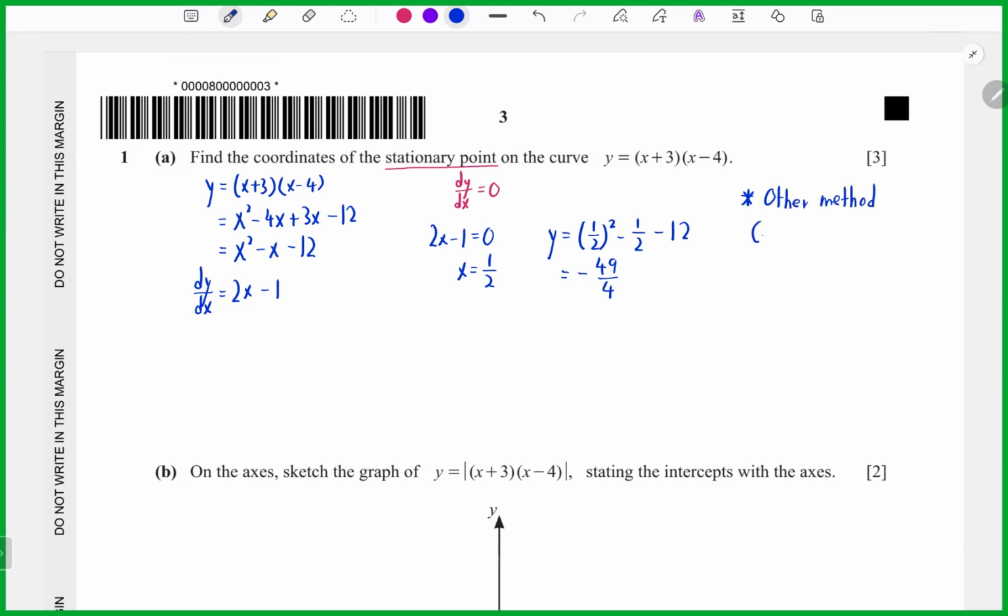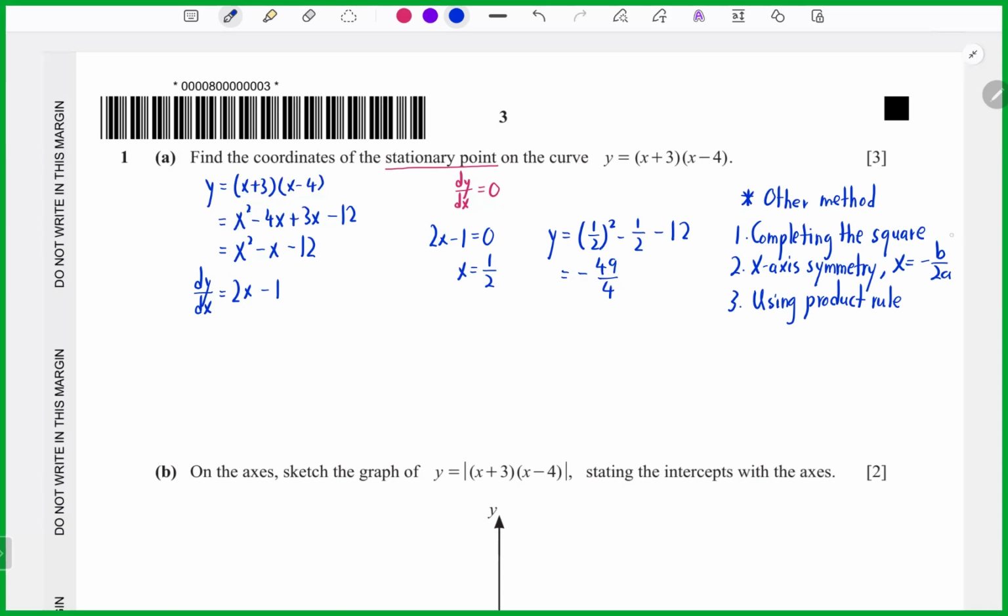You can use completing the square, or you can also use the axis of symmetry, which means x equals negative b over 2a, or you can also use the product rule.